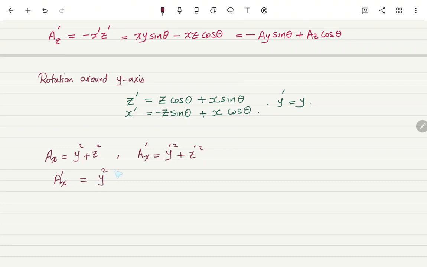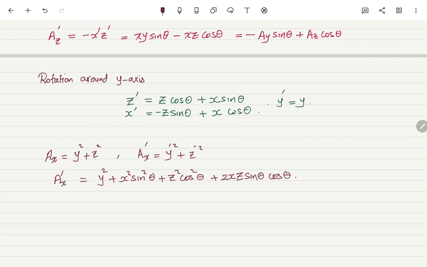So y square plus x square sine square theta plus z square cosine square theta plus 2xz sine theta cosine theta.